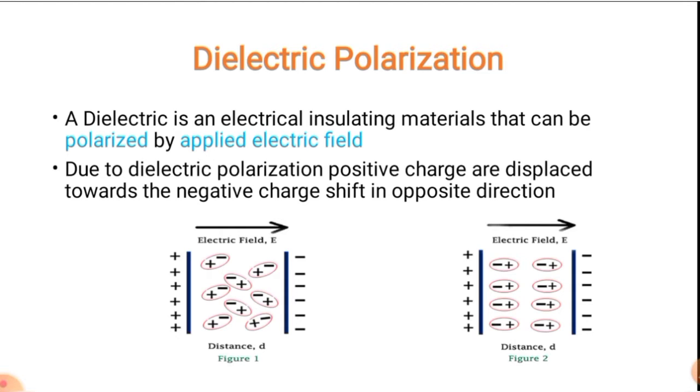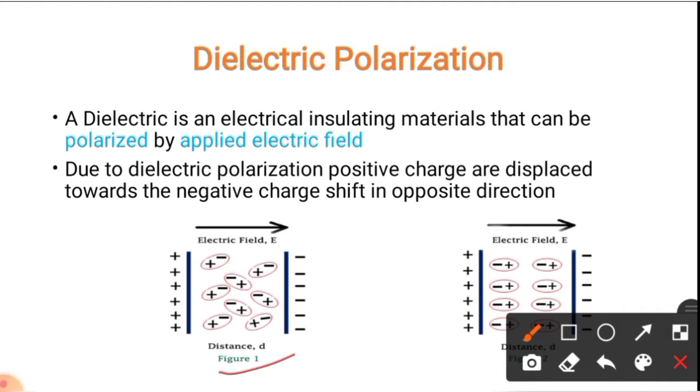So here consider figure number 1. There are two plates available. One has positive charge and the other plate has negative charge. Between the two plates, dielectric material is placed. Inside the dielectric material, positive and negative charge is present.